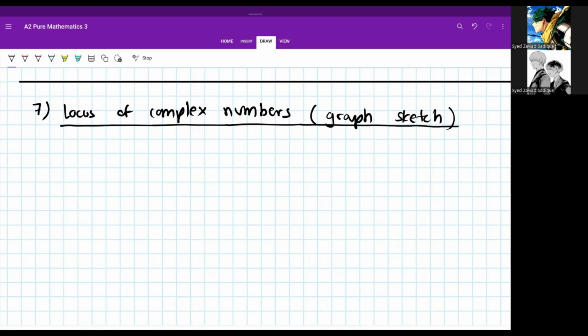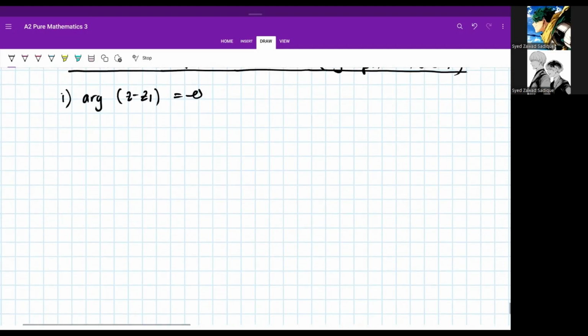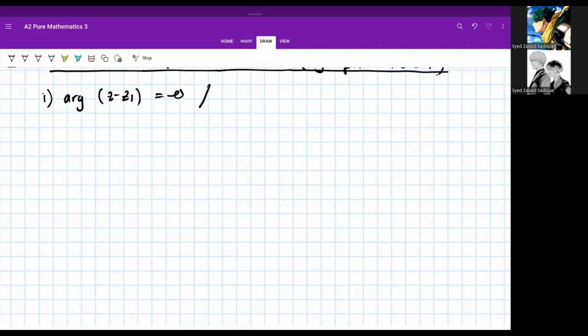So in A2 we learn 3 different types of locus of complex numbers. The first example is arg(z minus z1) equals theta.